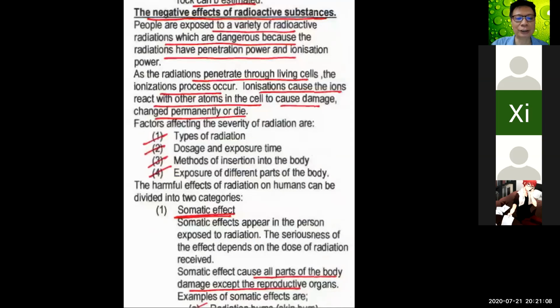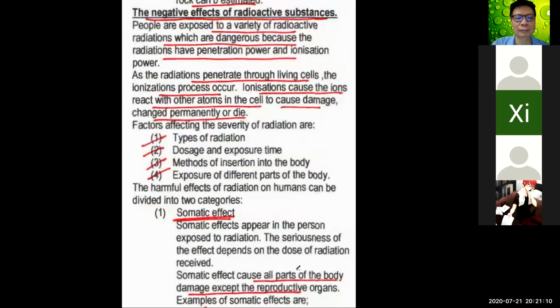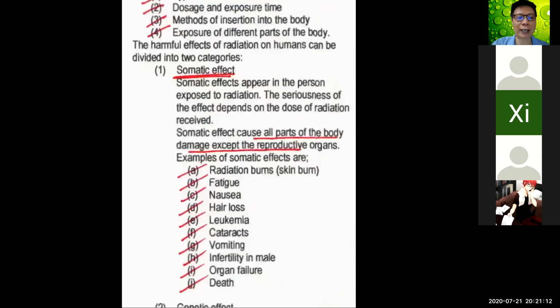Now we look at this somatic effect first. Example, see A to J. Radiation burns, skin burns, because of skin cancer. Fatigue means you feel no energy to do anything. Nausea, so you feel you want to vomit.